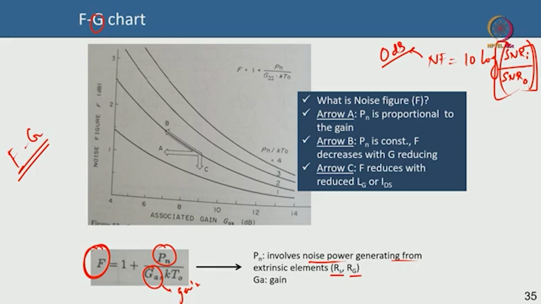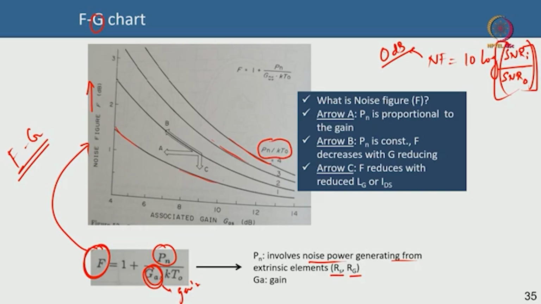So, what this figure is doing is plotting the noise figure on the y axis, this quantity. However, on the x axis they are plotting the gain. Of course, with higher gain the noise figure will come down, which is good, you know that, right. With higher gain the noise figure will come down, but for these different curves 1, 2, 3, 4, this power by kT ratio is held constant for a particular curve.